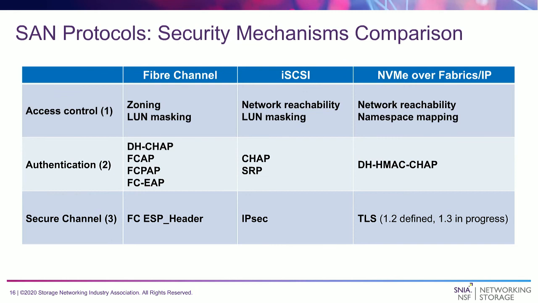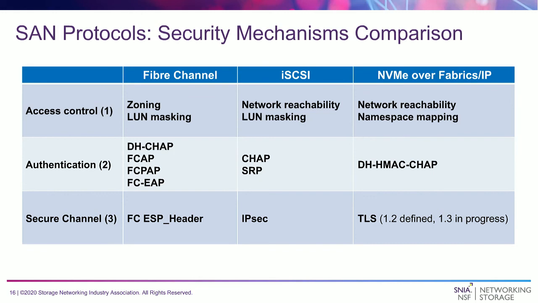Someone uses a passport, someone uses a driver license, someone uses your Costco card, or whatever you want in order to verify your identity. But that's the part of an authentication protocol. And in terms of secure channel, Fibre Channel provides the ESP header, which is a way to provide encryption and integrity protection for each Fibre Channel frame.